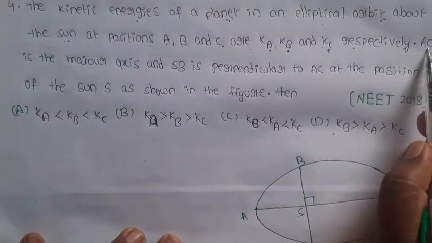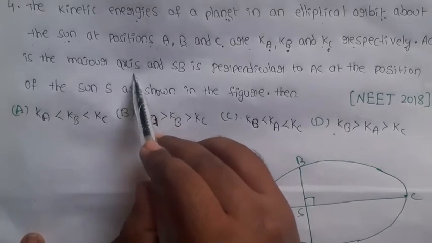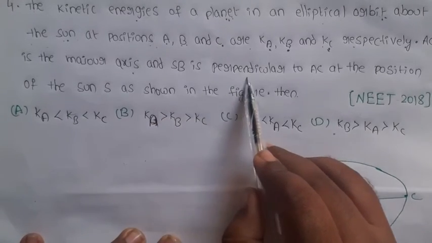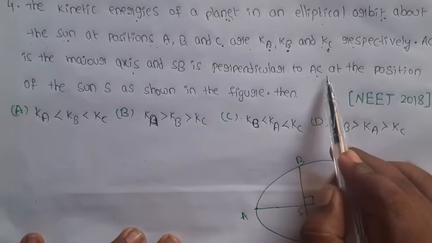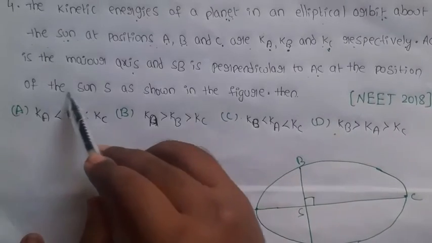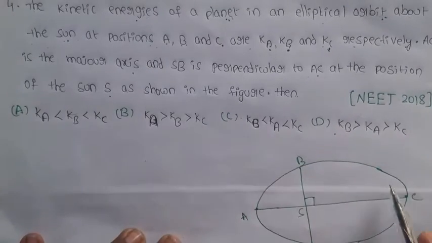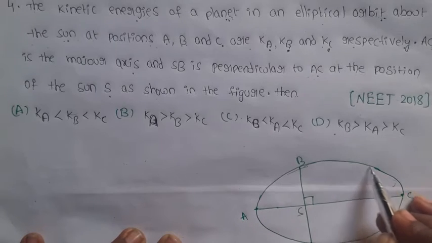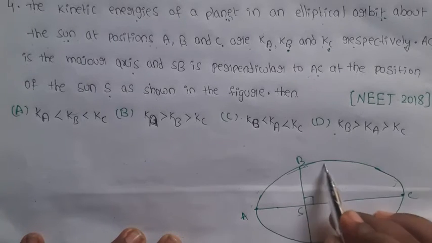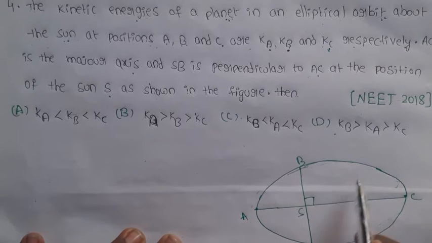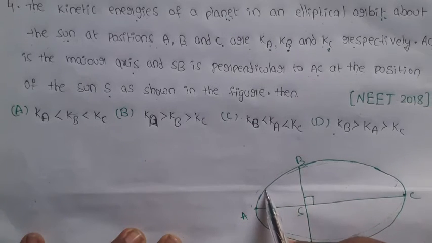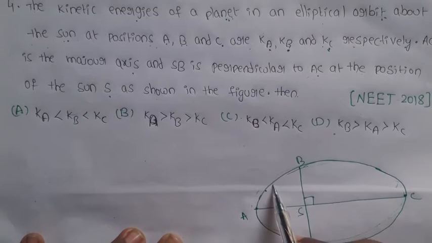AC is the major axis and SP is perpendicular to AC at the position of the Sun, as shown in the figure. This is the orbit of the revolving planet. When a planet is revolving in orbit, it possesses kinetic energy.